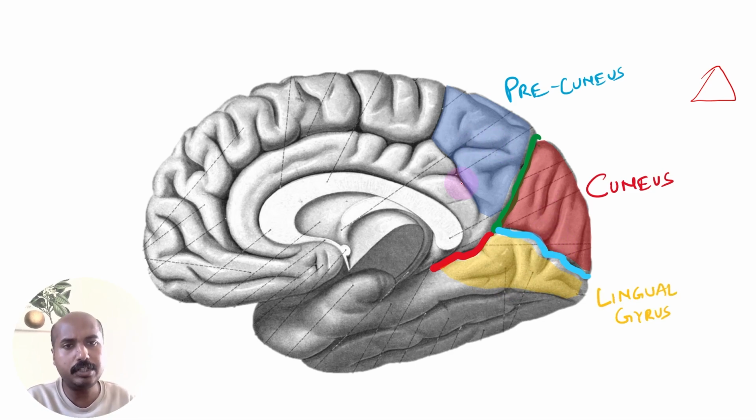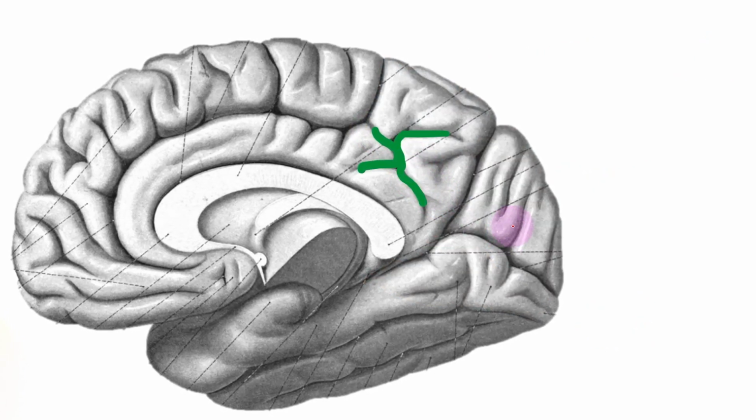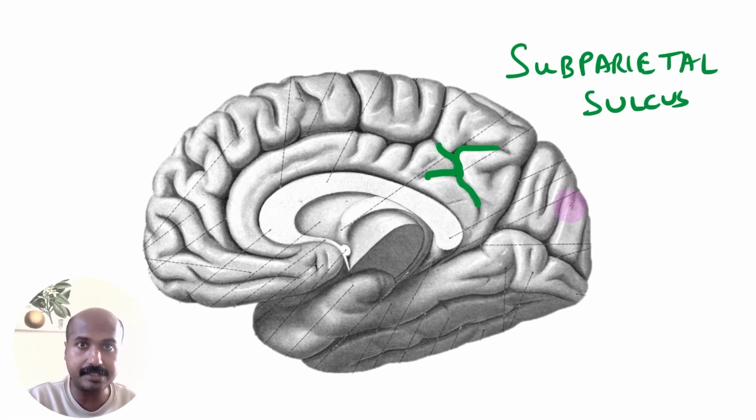Now, if you look at the precuneus more carefully, you can see a sulcus that is formed here. It is roughly an H-shaped sulcus, and that is known as the subparietal sulcus. Now, subparietal sulcus is demarcating this gyrus that was taken in the previous video. This is known as the cingulate gyrus, and this region is known as the precuneus.